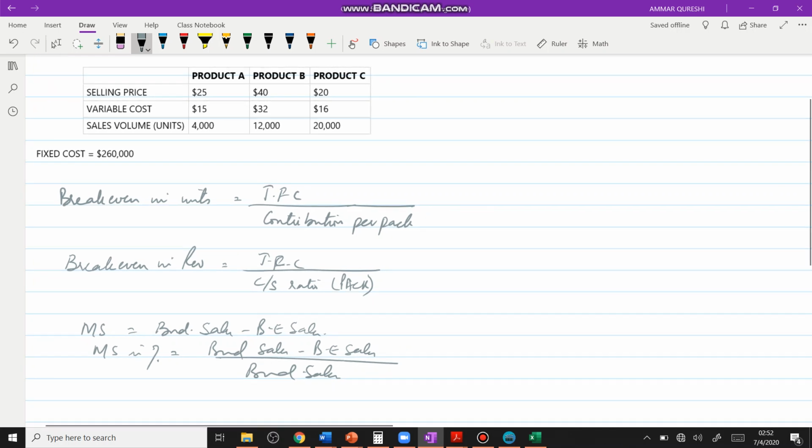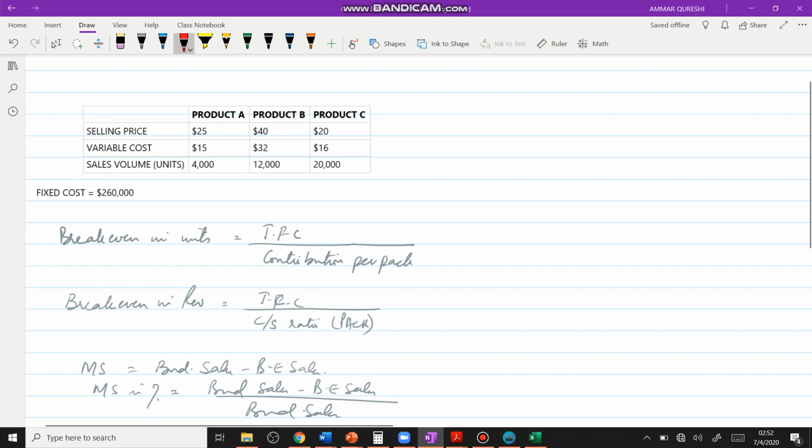Now, what do you mean by contribution per pack? See, whenever we are doing a multiple product case, we have to take an assumption. The assumption will be that the company will sell all products in a certain proportion.